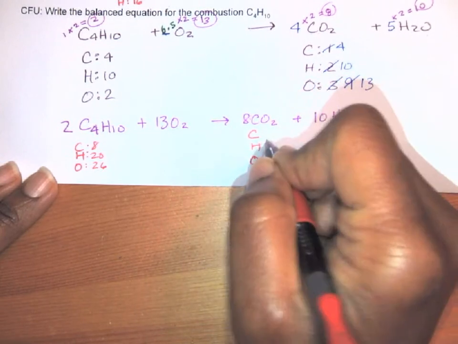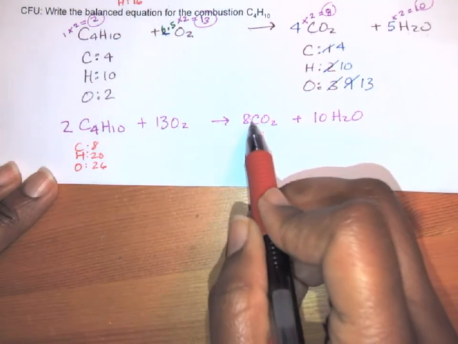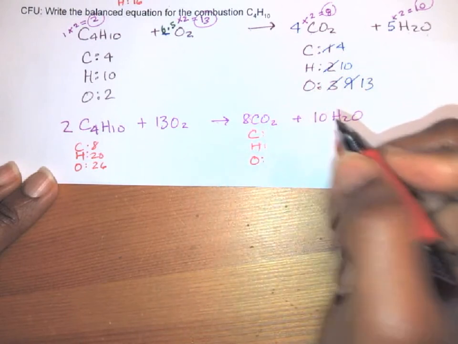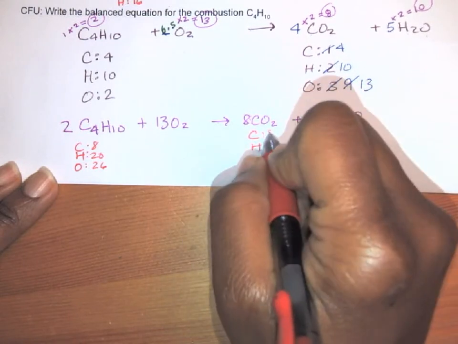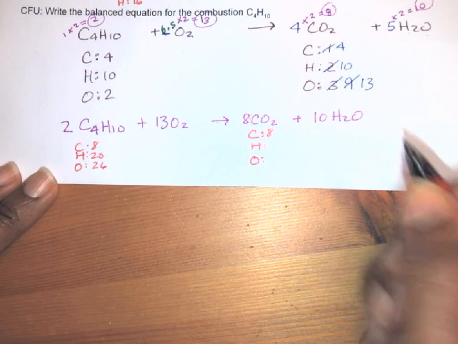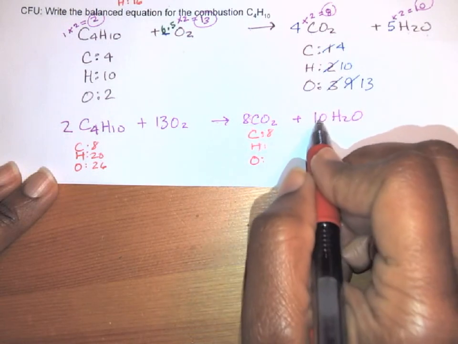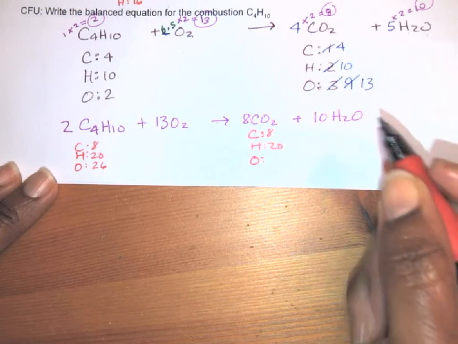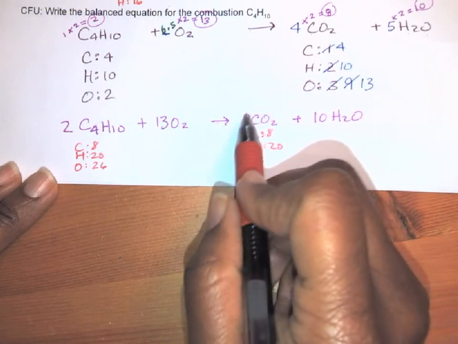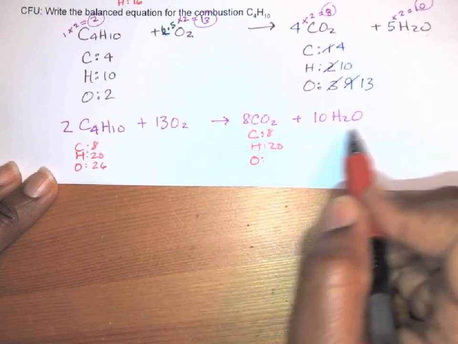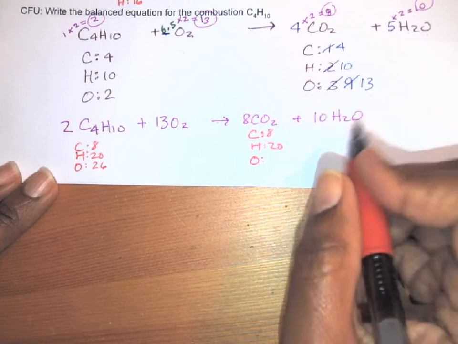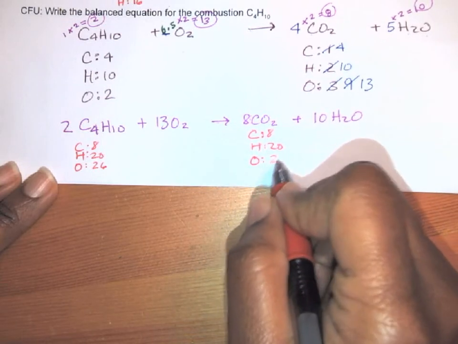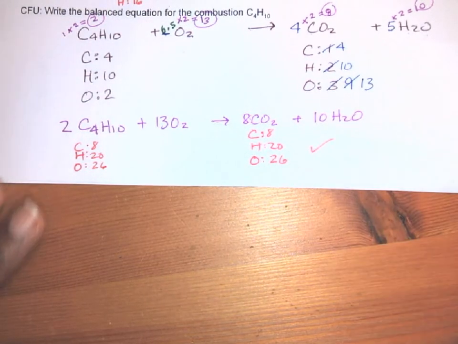For carbon, I have 8 times 1, which is 8 carbons. For hydrogen, I have 10 times 2, which is 20. And for oxygen, I have 8 times 2, which is 16 from the CO2, plus 10 from the water. So 16 plus 10 gives me 26 oxygens. And that is a happy, balanced equation.